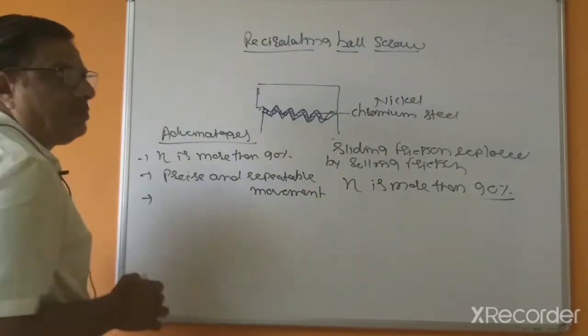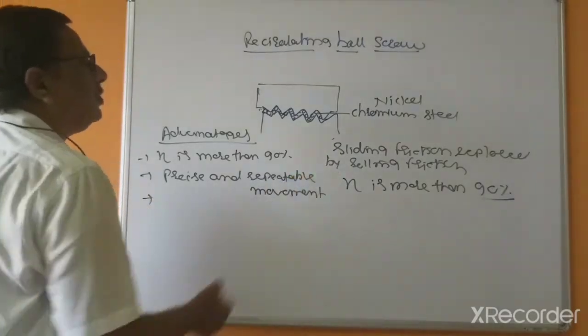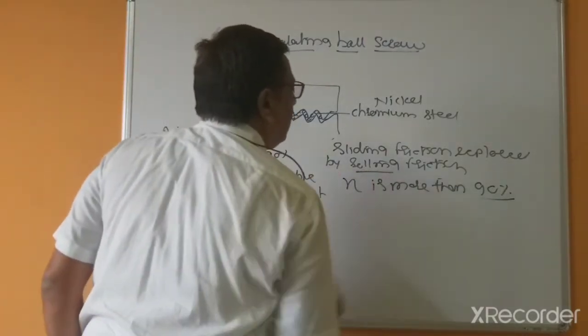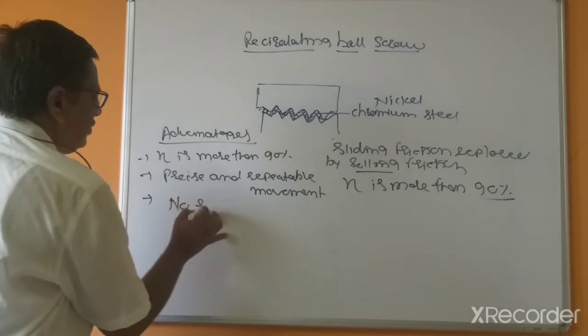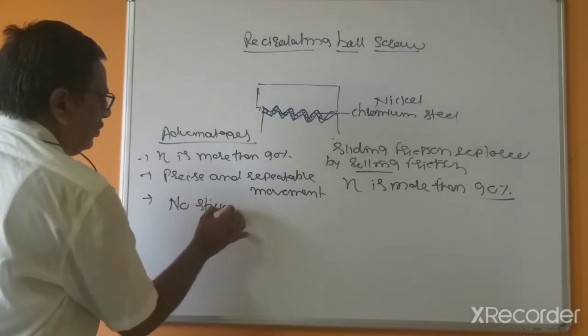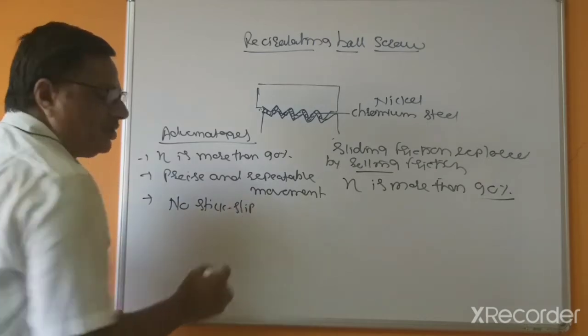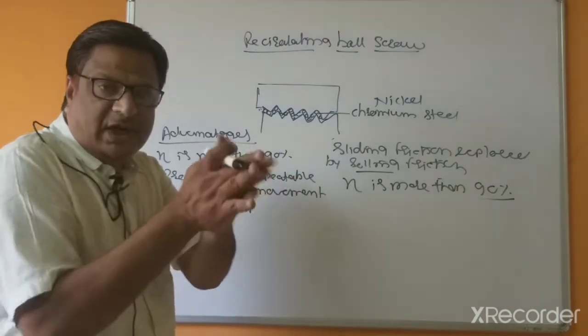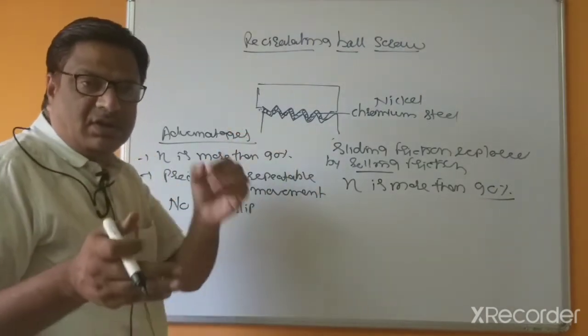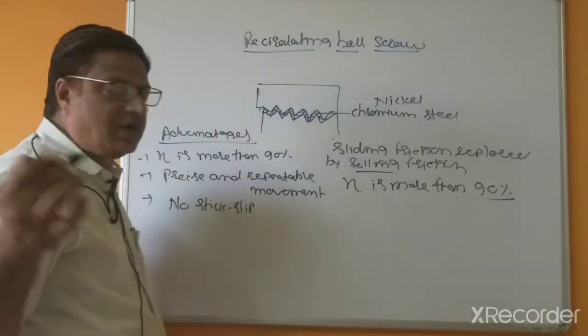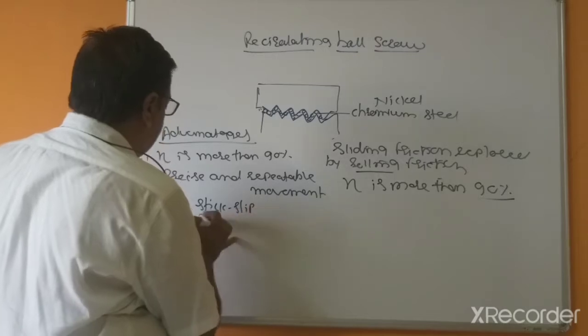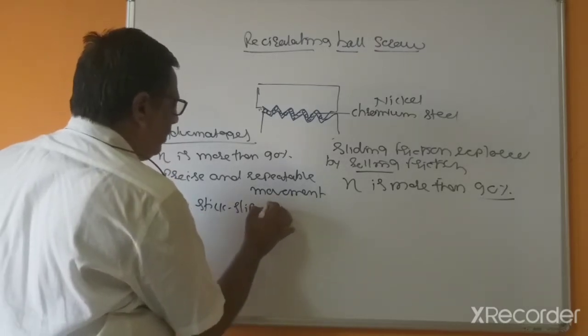Here, because of rolling friction instead of sliding friction, there is no stick slip phenomenon. Stick slip phenomenon means because of sliding contact, temporary welding may occur, and that phenomenon is called the stick slip phenomenon. So there is no stick slip phenomenon.